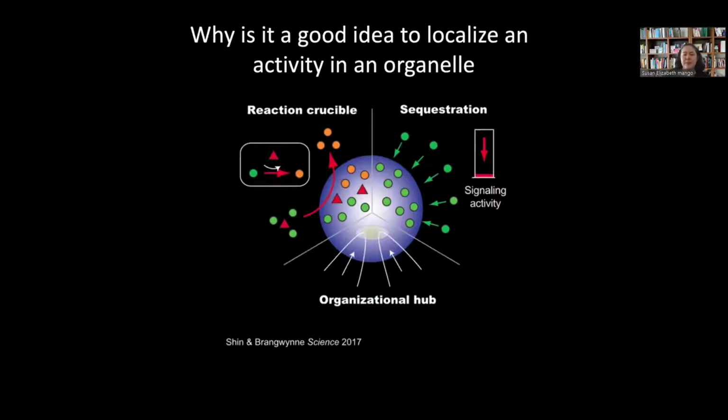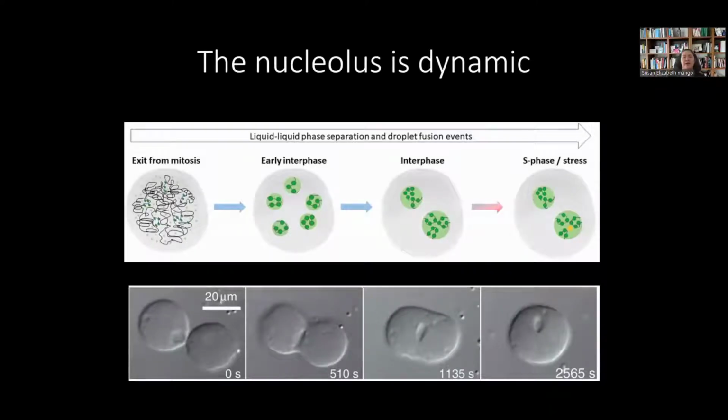Now, something that people noticed with the ribosome, illustrated here, is that they are dynamic. They're different from, perhaps, a mitochondrion. They're really very dynamic, and you can see here that they can fuse together. That happens during the cell cycle, for example.